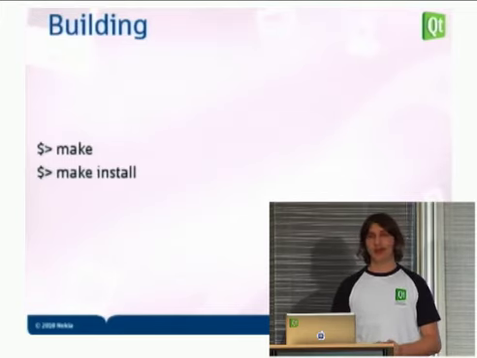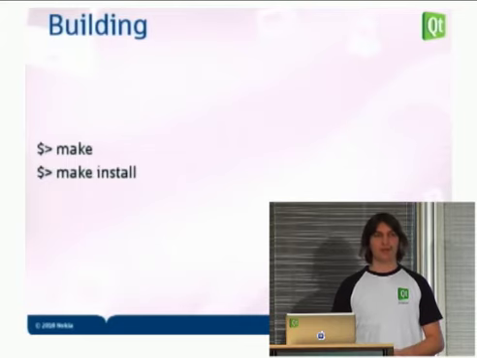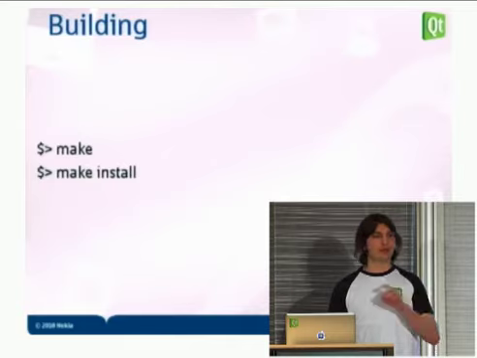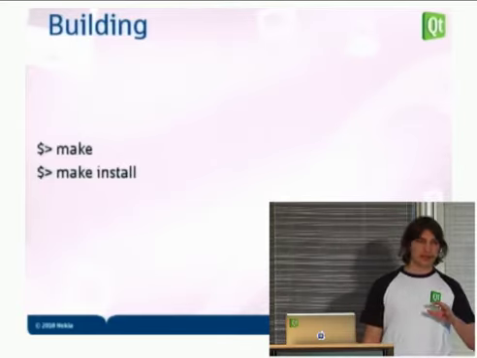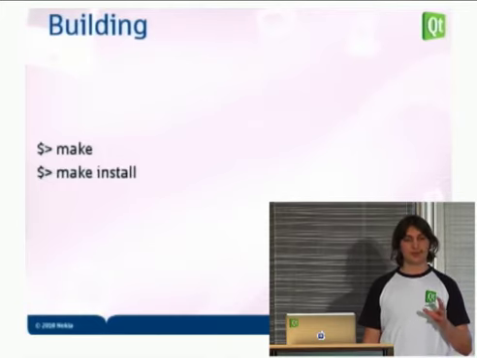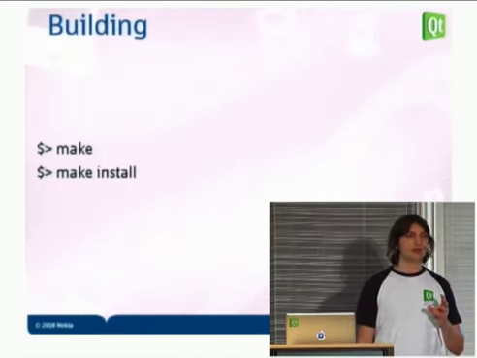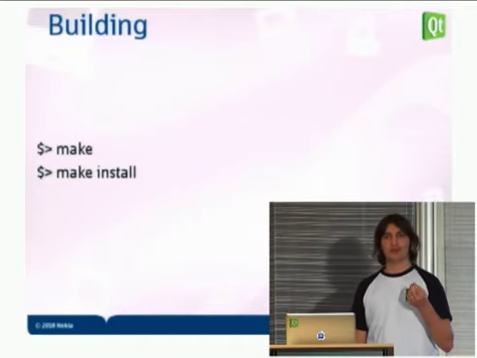So if you issue make install, it will install in /usr/local/Trolltech and then the name of your Qt build, and there you get the whole libraries and header files that are used for deployment. So you have it there.